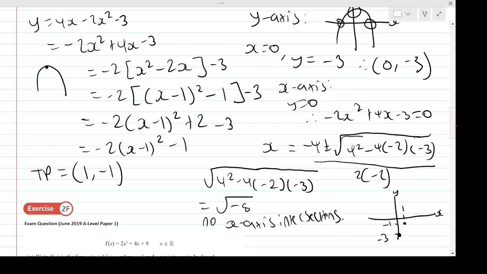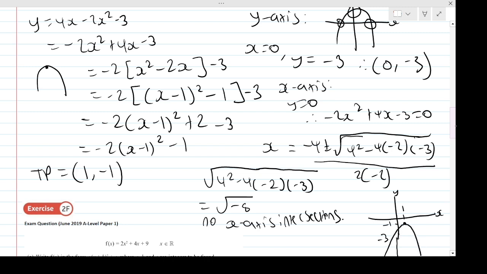And we've discussed that because it cannot cross the x-axis, it's going to look a bit like this, right? There we are. No, hang on.